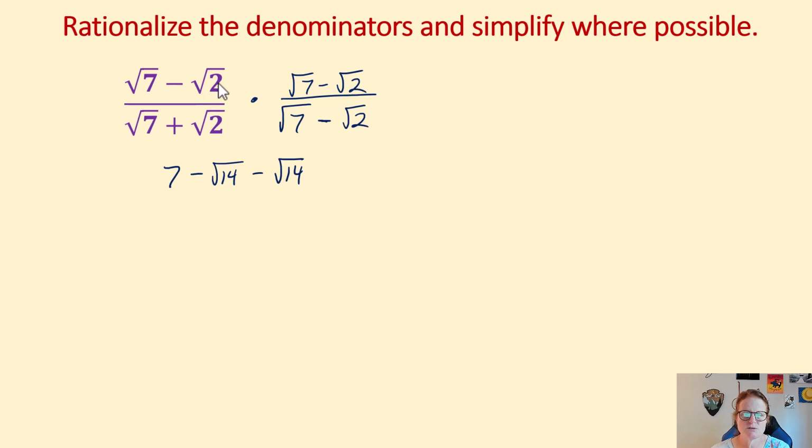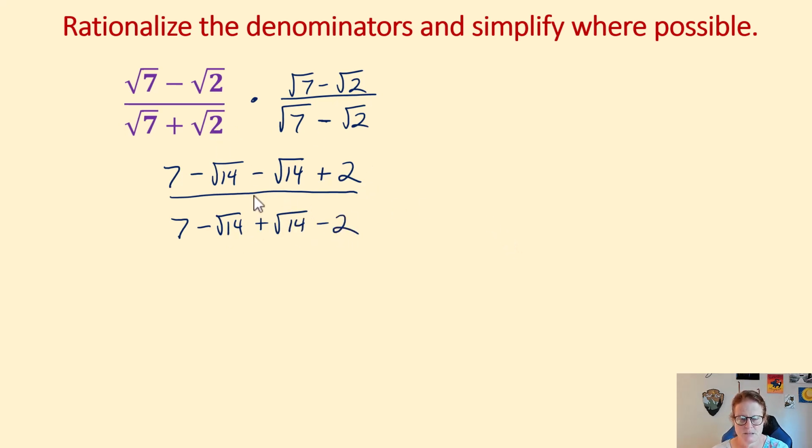Then I have negative square root of 2 times negative square root of 2. That's going to give me a positive 2. Do the bottom. I get 7 again. Here, now I'm going to get a negative square root of 14. But on the second one, I get a positive square root of 14. And then I get a negative 2. So in this case, they're going to cancel out.